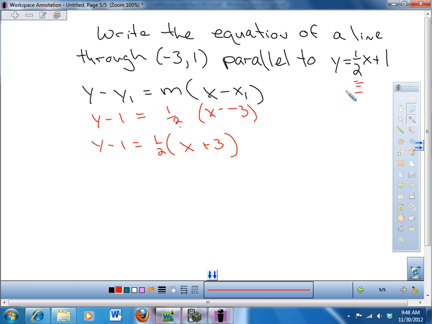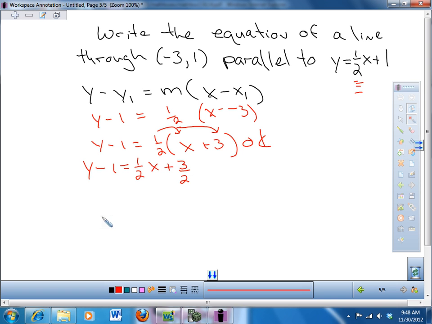If they ask you to put the equation in slope-intercept form, then you have to do a little bit more. I'm going to distribute this through there, which gives you 1/2 x plus 1/2 times 3, which is 3/2.